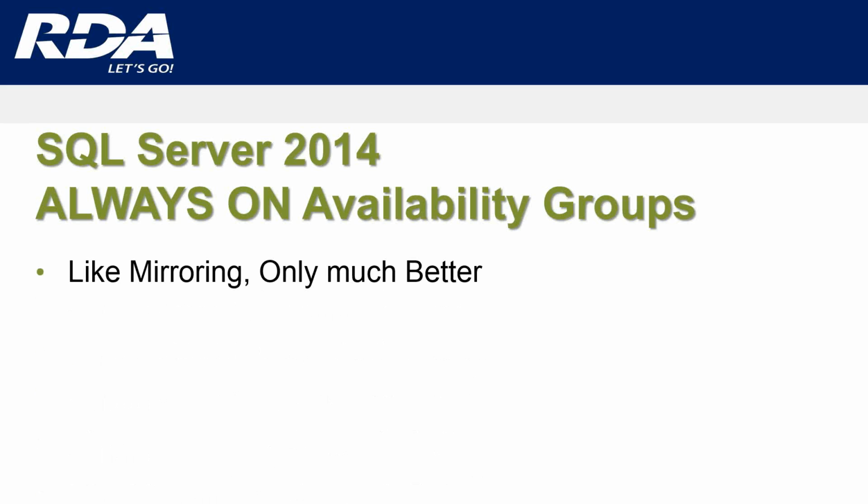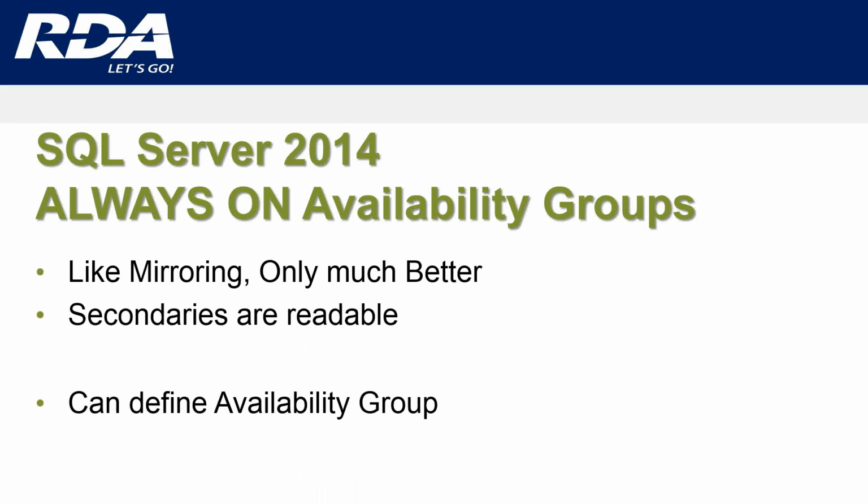With always-on availability groups, it's like mirroring, only much better. For one thing, the secondaries are readable, and this is the enabling technology for allowing you to use Azure as an offloaded reporting site.